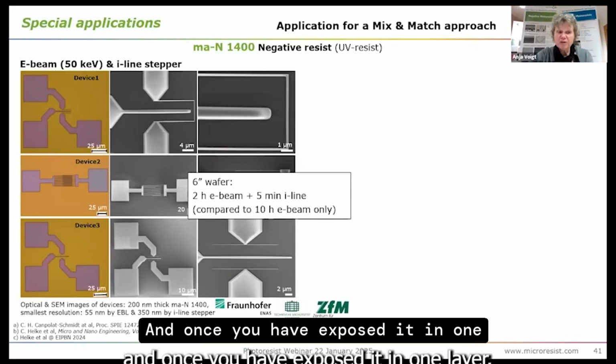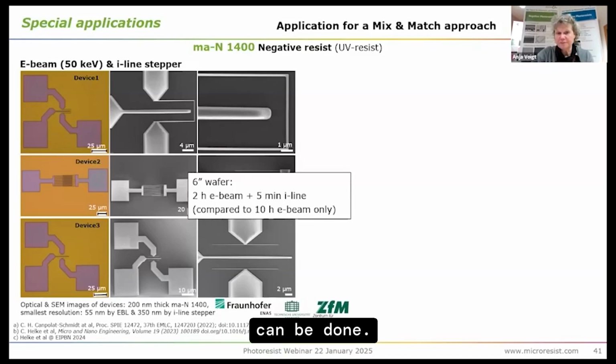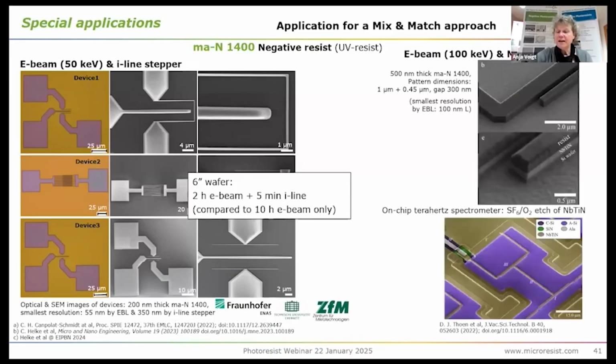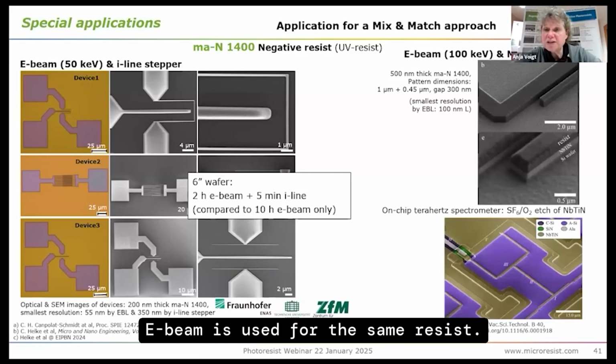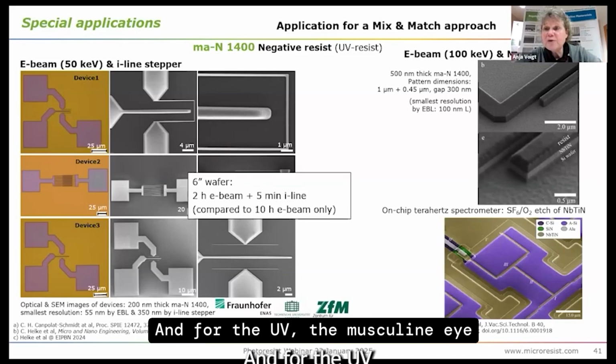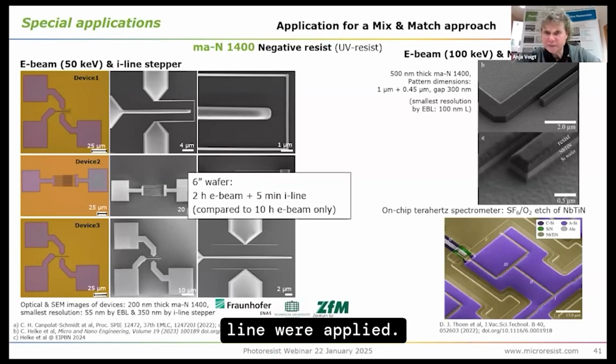And once you have exposed it in one layer, one final development step is done. This is another example where E-beam is also used for the same resist. Resist thickness was about 500 nanometers. And for the UV, the mask aligner with I-line was applied.